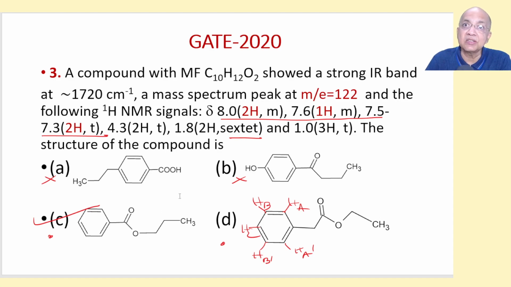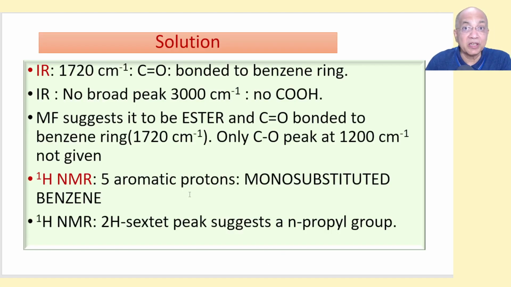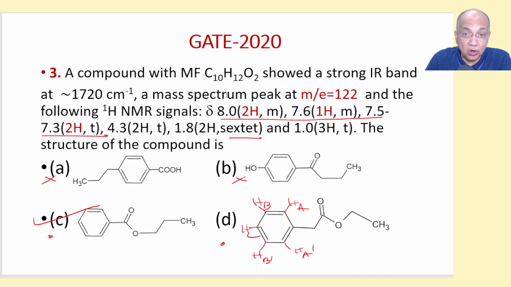Usually an aliphatic ester is 1750 to 1760. Because of the aromatic ring, the ester group is being reduced to 1720. So we cannot expect an aromatic ketone with 2 oxygen atoms.